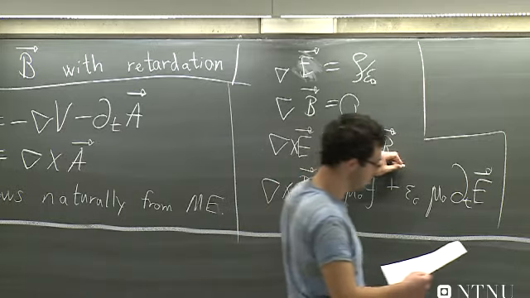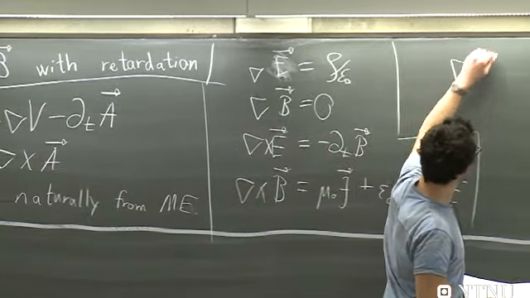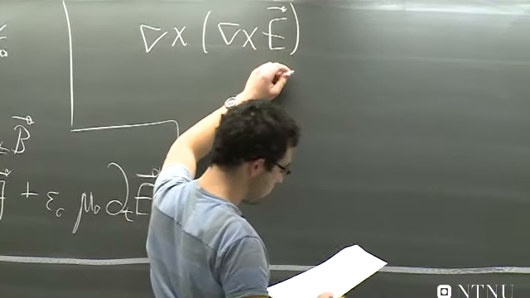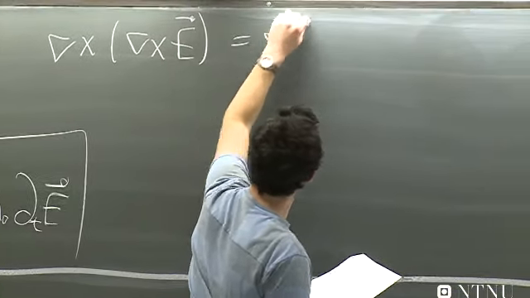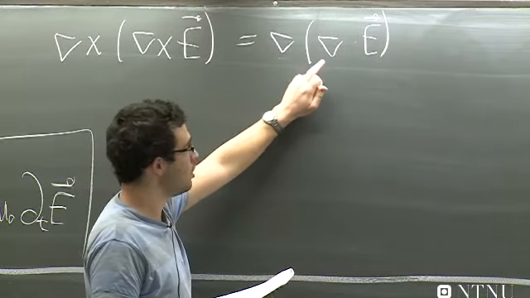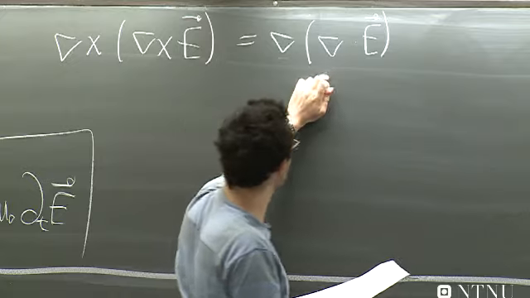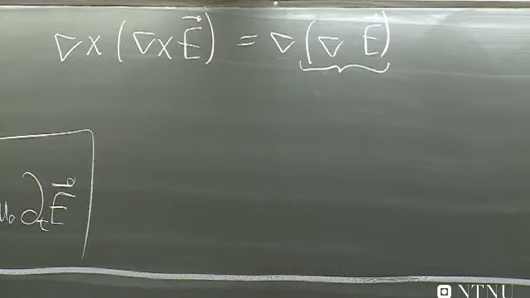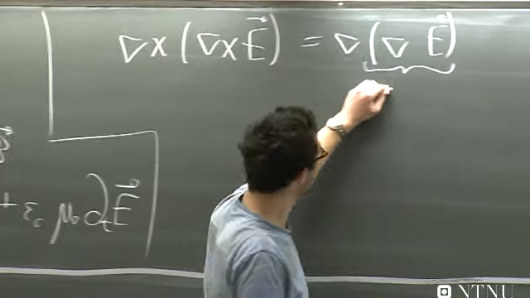and we get that the curl of curl of E is equal to, from exercise 1, the gradient of the divergence of E. This I can write as rho over epsilon naught, of course.